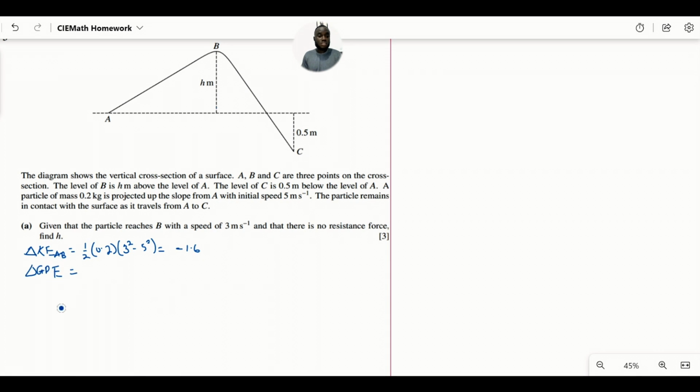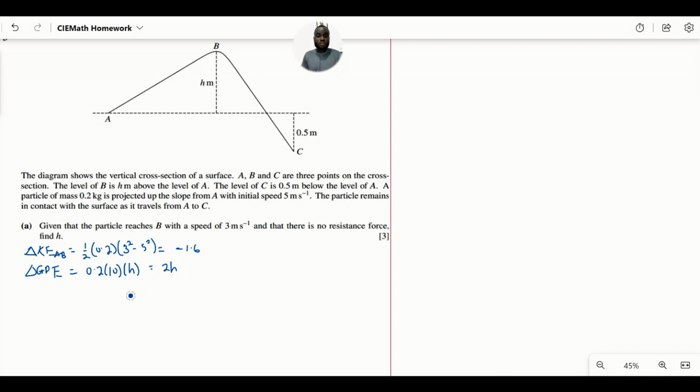Now let's look at the change in gravitational potential energy between these 2 points. This is positive because the body is moving up, and as you do so, you gain gravitational potential energy.